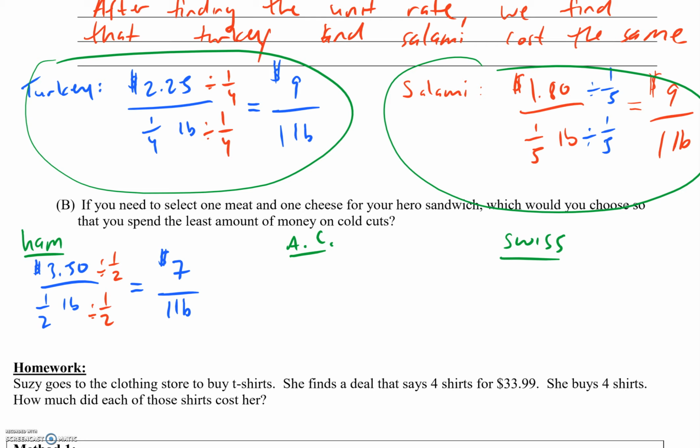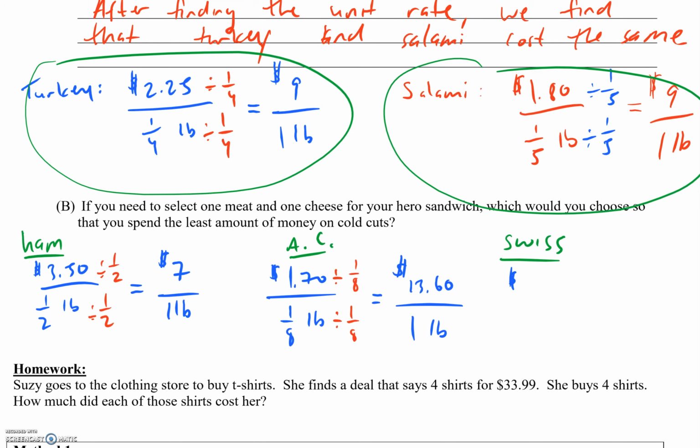American cheese is $1.70 for 1/8 of a pound. Divide the numerator and denominator by the denominator. And we get American cheese is $13.60 for 1 pound. Swiss cheese was $1.25 for 1/10 of a pound.